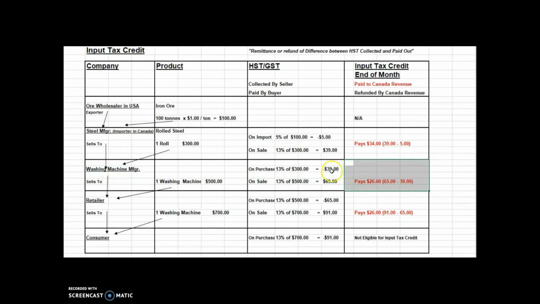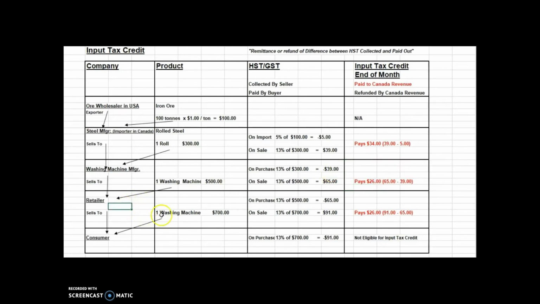And they tell the government, I paid out $39 HST when I bought the steel, and I collected $65 HST when I sold the washing machine. They pay themselves back the $39 HST and send the government the difference, 65 minus 39, which is $26. At the end of the month, the washing machine manufacturer hasn't paid any HST. They net to zero because they got the $39 refunded.